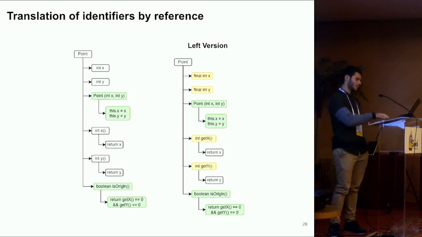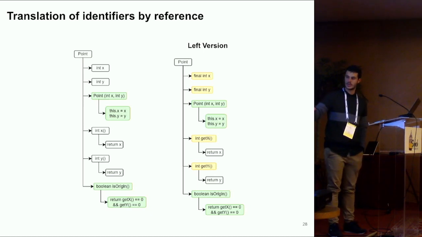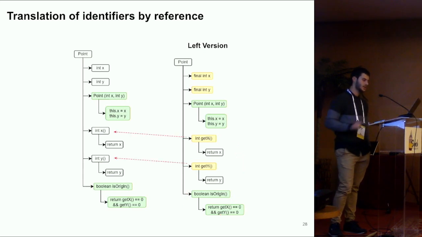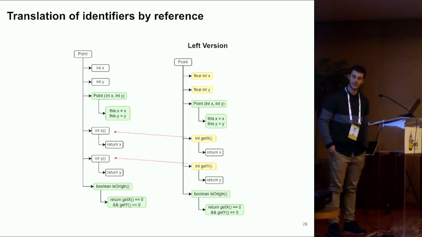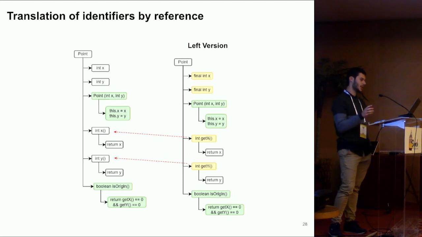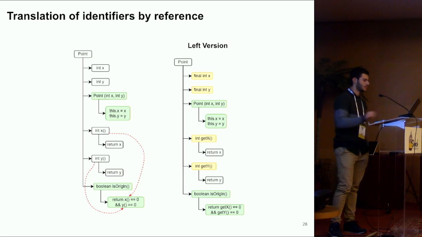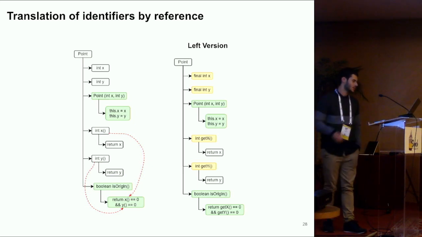And once again, we get the UUID of the elements that the references point to in the left version. We find the matching elements, the elements that have the same UUID in the left version and the merge version, and we apply their identifiers to the method isOrigin.